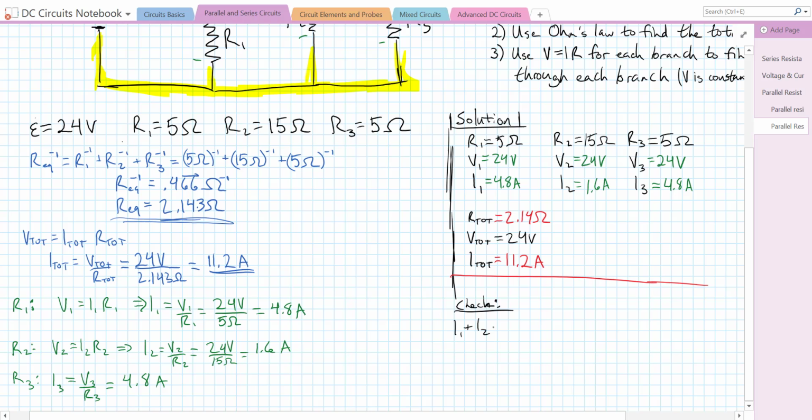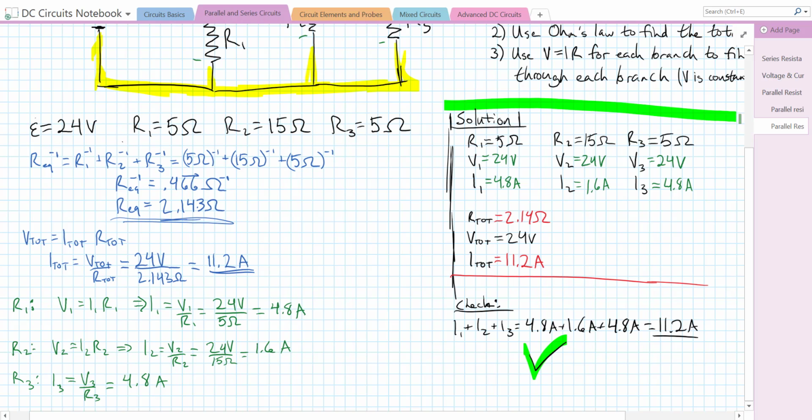I1 plus I2 plus I3 equals 4.8 amps plus 1.6 amps plus 4.8 amps. That gives exactly 11.2 amperes. So that's great. We did it. Everything looks good. Our circuit is 100% solved.